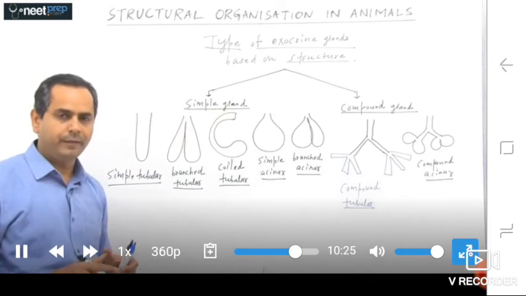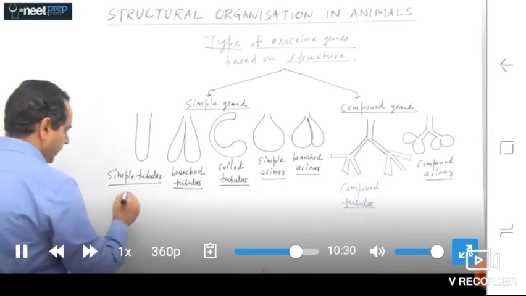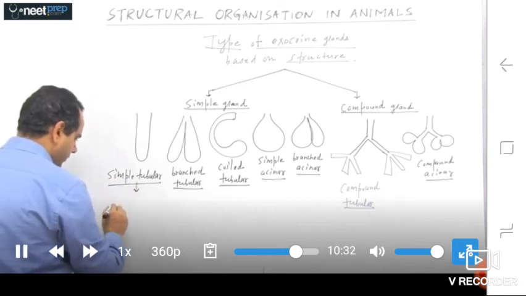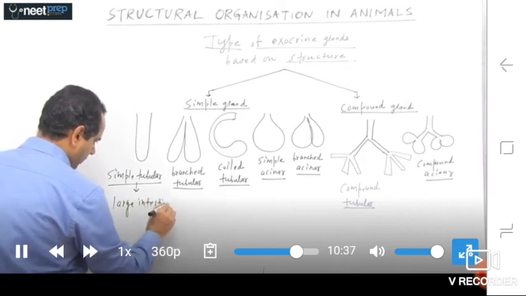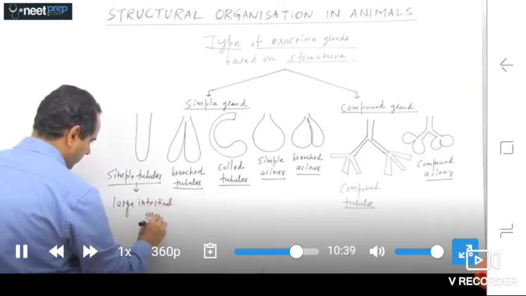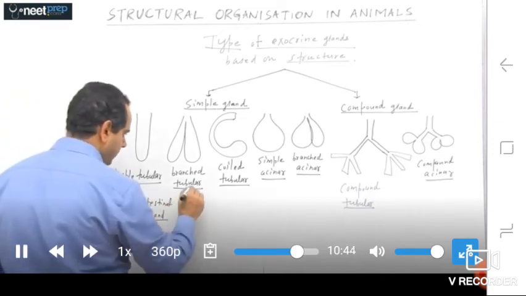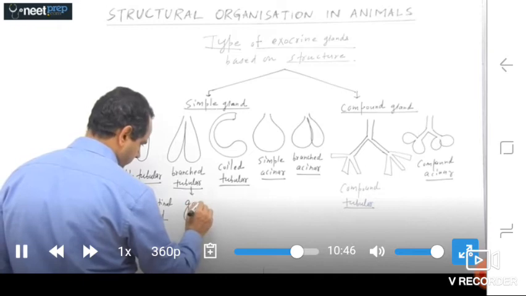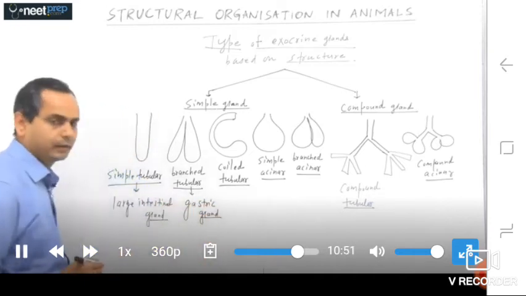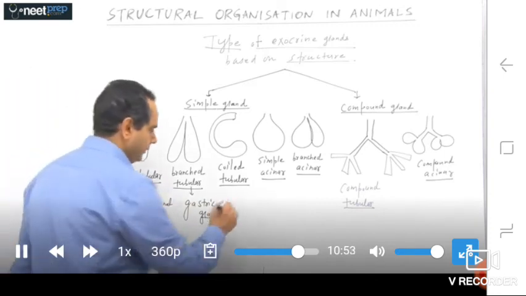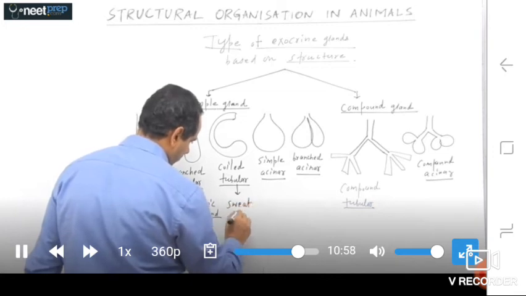And we have to remember the example of all different types of gland. Like simple tubular is present in our large intestine, large intestinal gland is the example of simple tubular gland. Branched tubular is present in stomach, gastric gland. Coiled tubular is present in sweat gland.